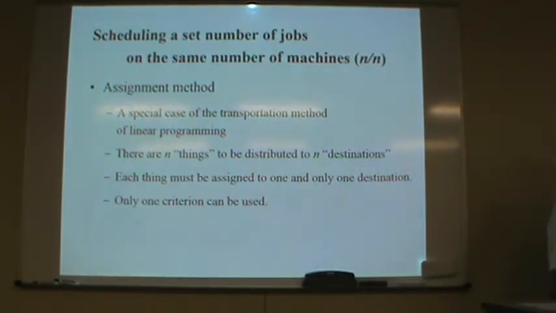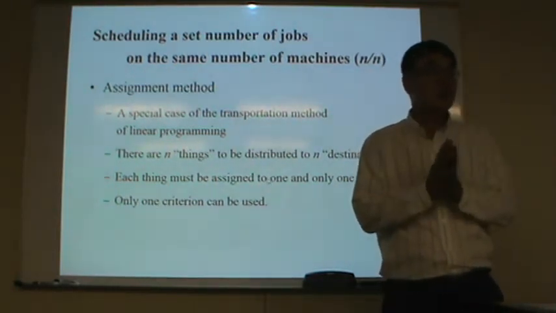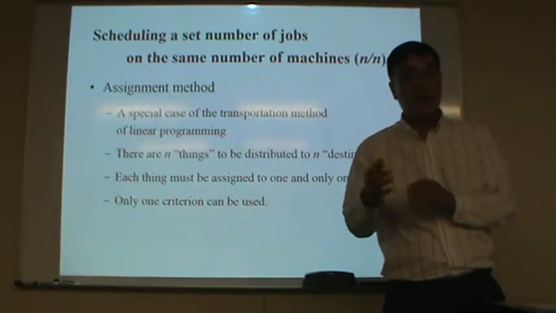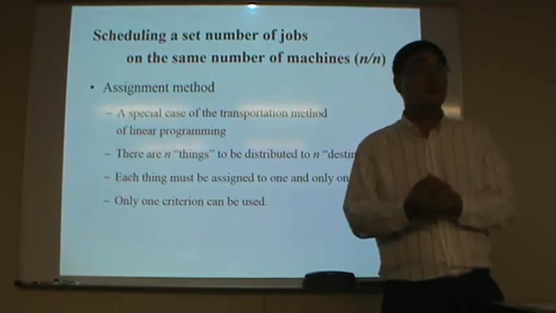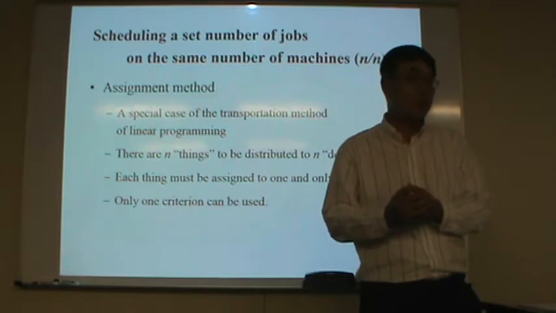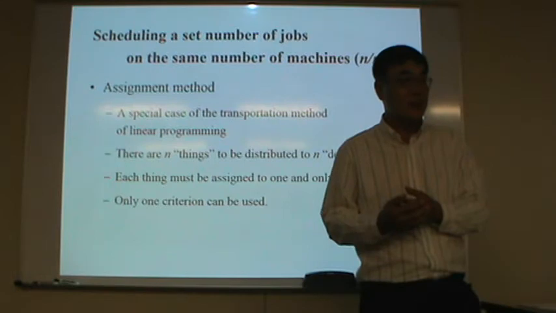Only one criterion can be used. If we want to make it faster, we use shortest time, minimize time. If we want to make it cheaper, we minimize cost or price.